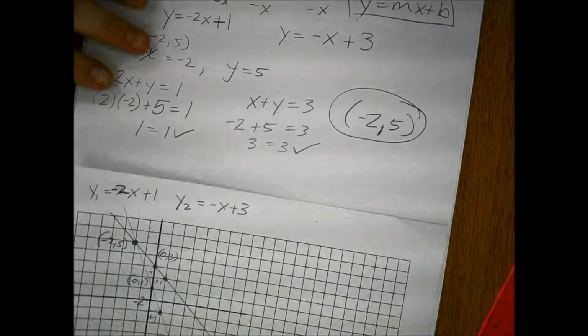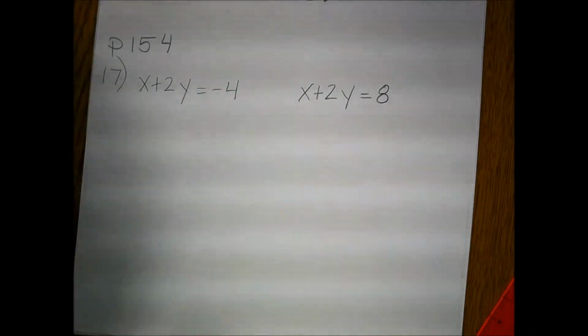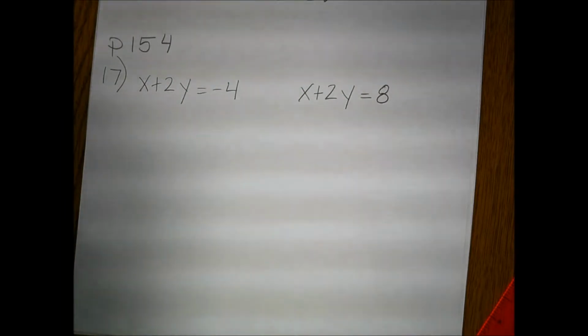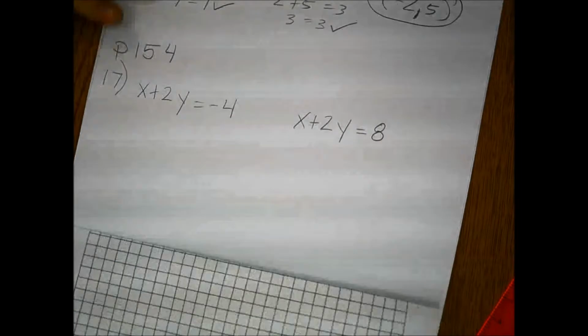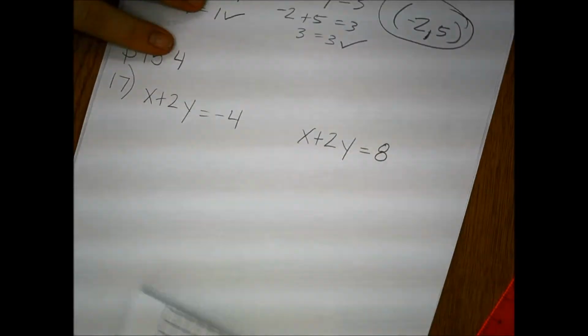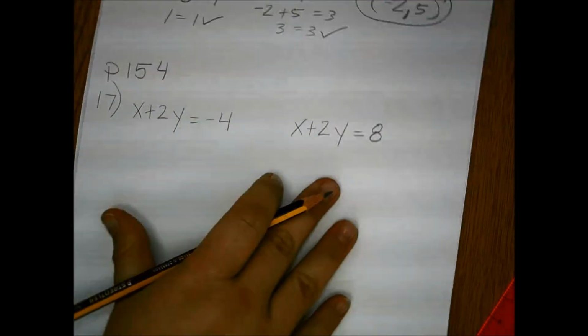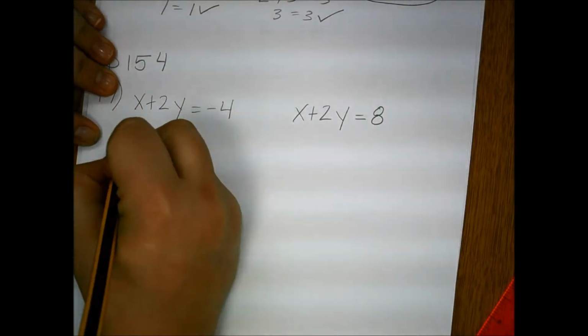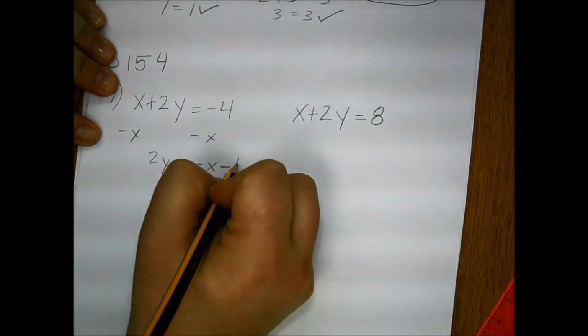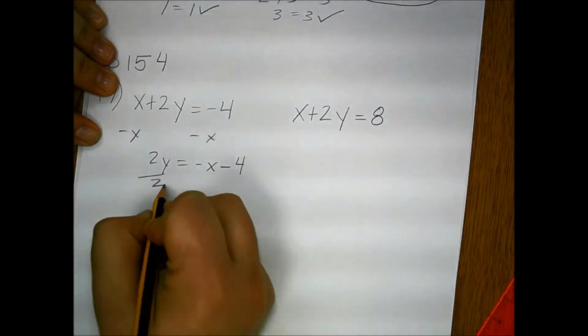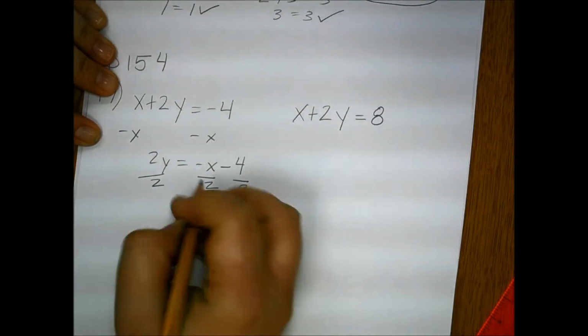Now, let's do another example. So, the next example, we're going to have to put this into slope-intercept form. So, subtract x on both sides, 2y equals negative x minus 4, and divide everything by 2.